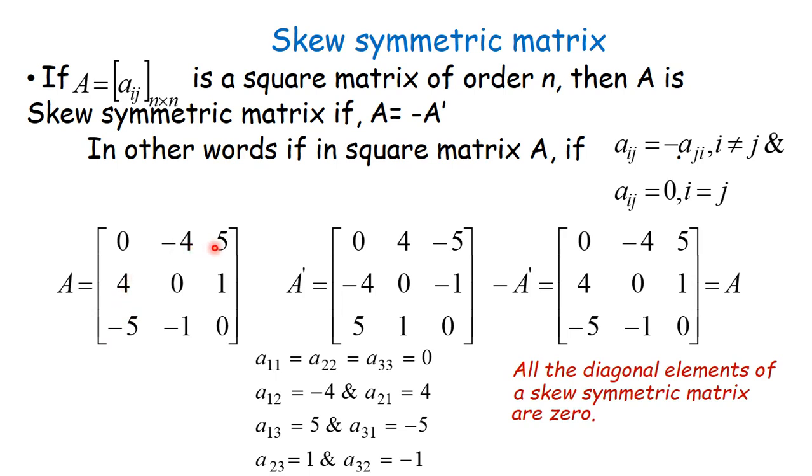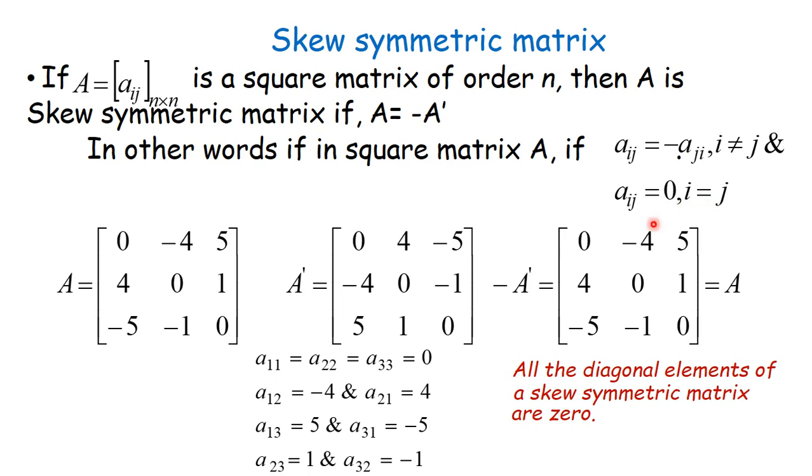Okay, so A13 is 5, negative of this, minus 5, A23 is 1, A32 is minus 1, so they are negative elements of each other. Okay, and one more condition is there, Aij is equal to 0 if i is equal to j. Means i and j, if they are equal, then Aij is equal to 0.